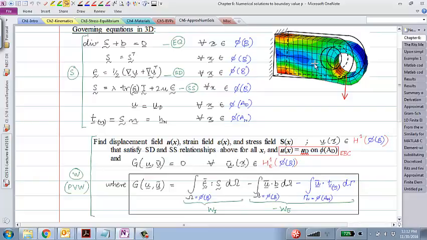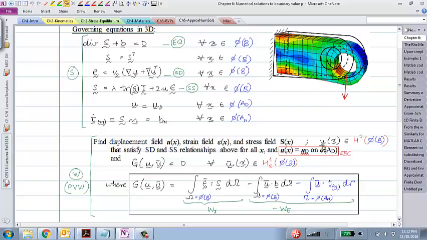Displacement is a vector field, 3 components x, y, z, strain field, stress field, such that the real displacement is in H1 space over the deformed body.